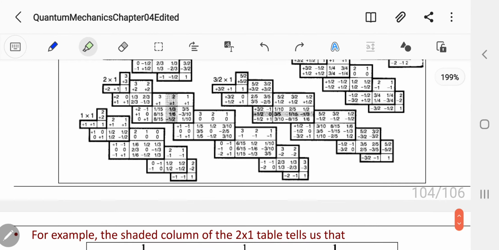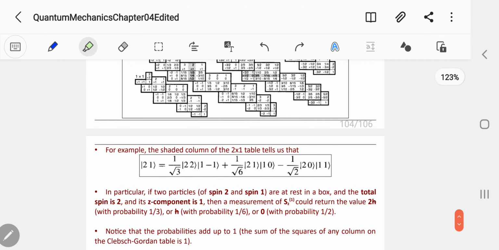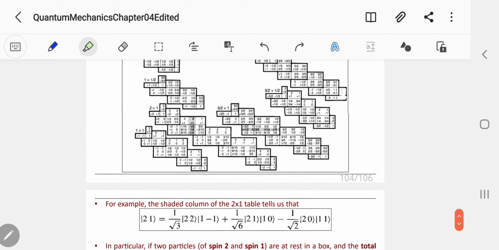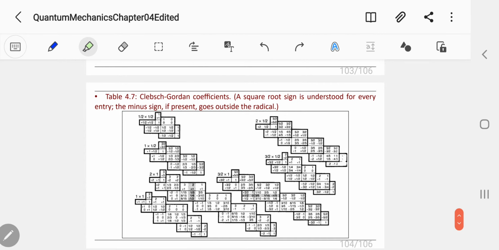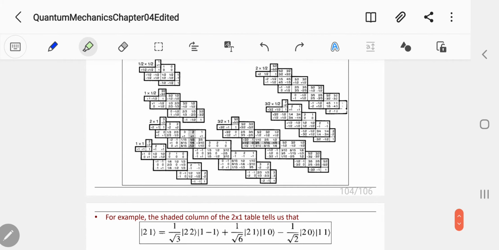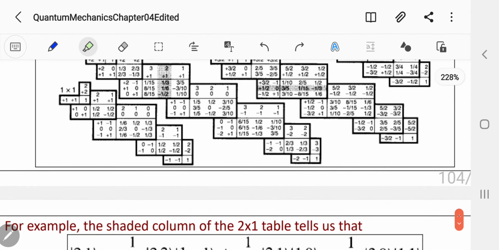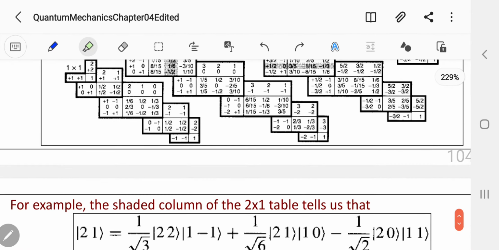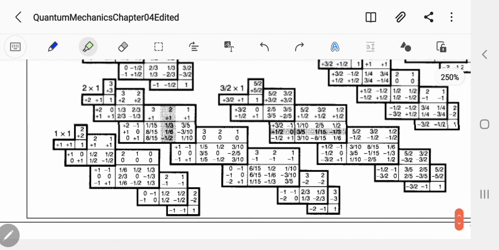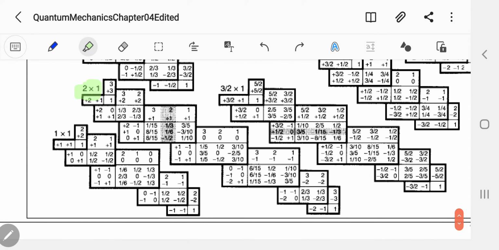So anyway, let's take a look at an example. For example, the shaded column of the 2 by 1 table tells us that, so that's this table. This is 2 by 1 and this is the shaded part. Look at this.